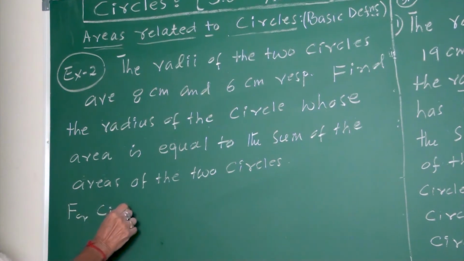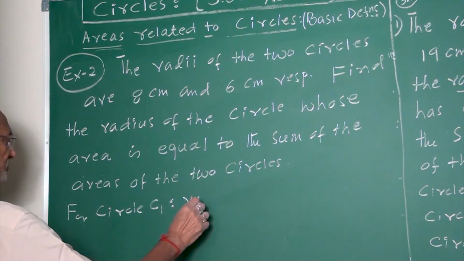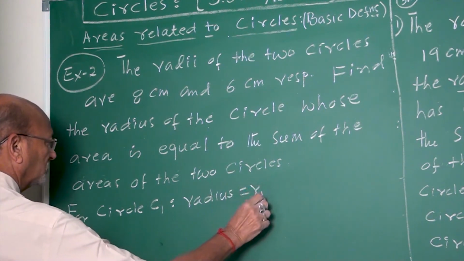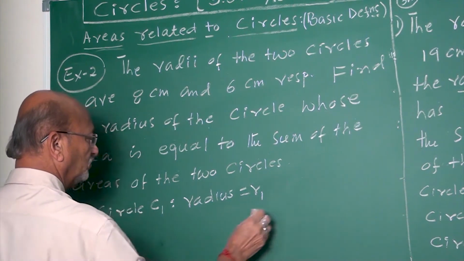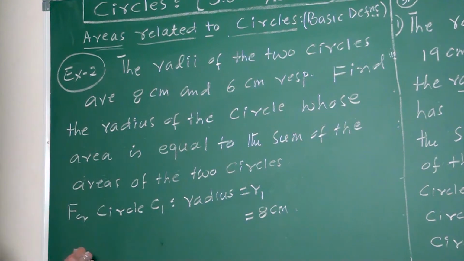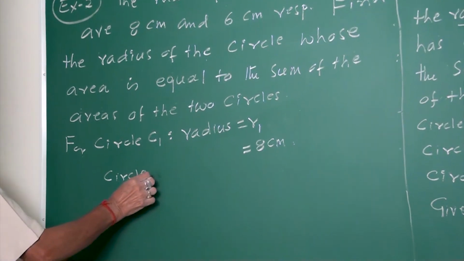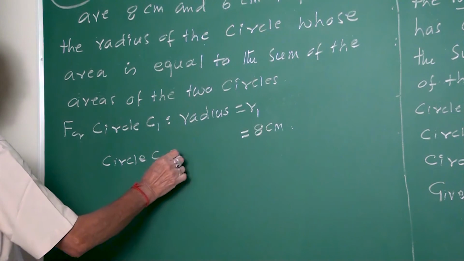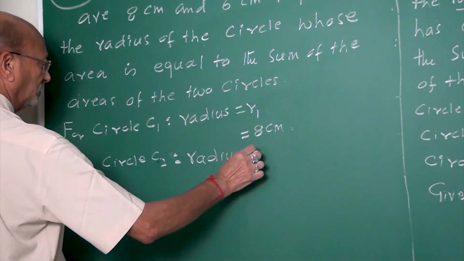First circle. For circle C1, the first circle, what is the radius? Radius is R1, which is given as 8 centimeter. For the second circle C2, its radius is R2.